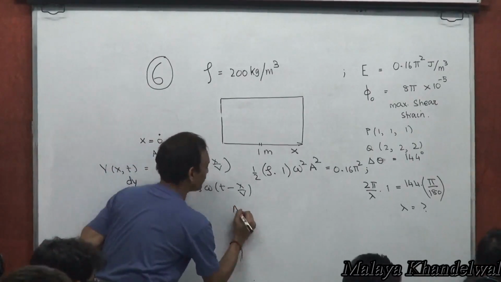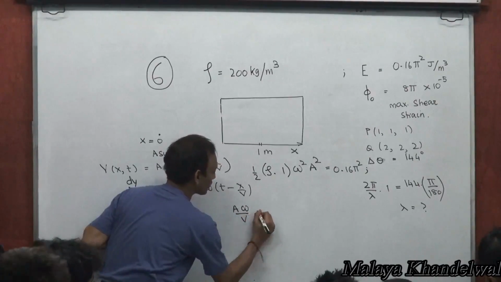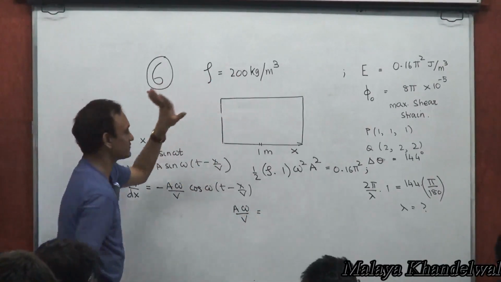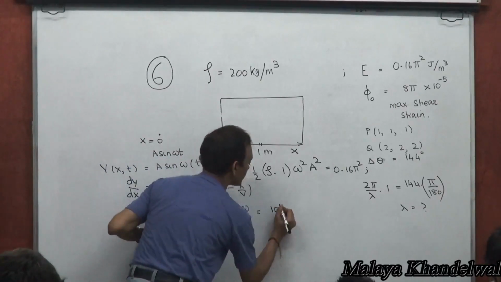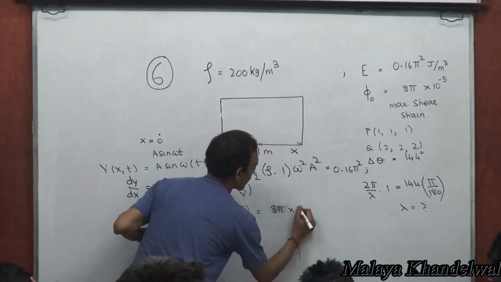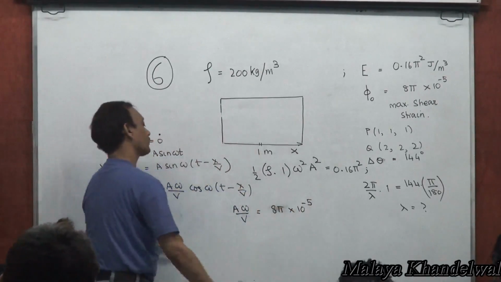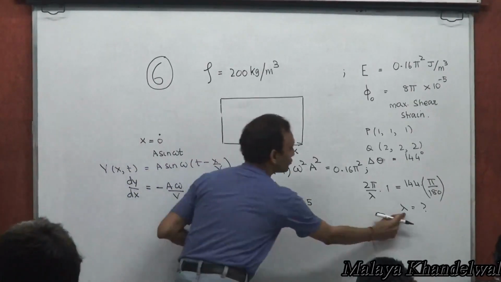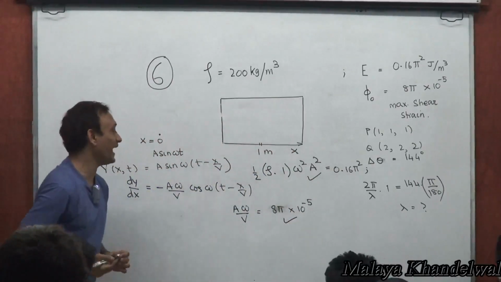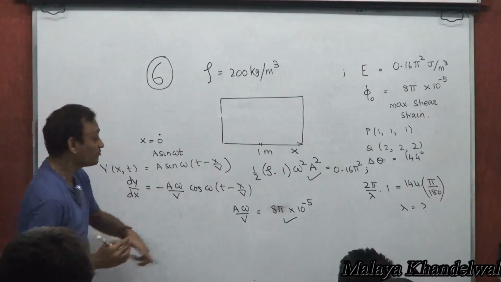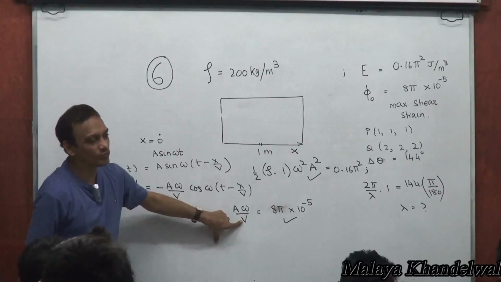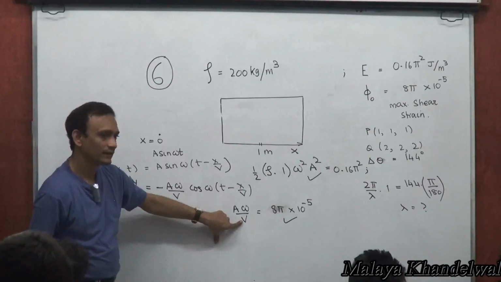So a omega by v is h pi into 10 to the power minus 5. So we have lambda known from here, and then from this equation and this equation you can solve for a and omega. V you can write as n lambda, n is omega by 2 pi, is it not?